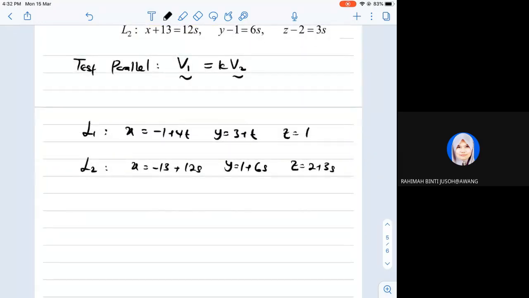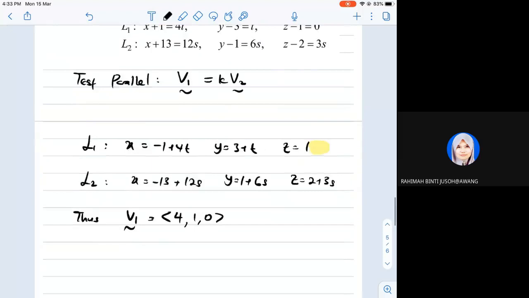Okay, so now, dah nampak dah kat mana V tu, bila buat macam ni. So, thus, V1 is, betul lah kawan kita cakap tadi, 4, apa lagi? 1, 1. Yes, 4, 1, 1 ke? 0. 0, yes, dia tak ada T kat sini kan? No T. So, 0, macam tu, 4, 1, 0, right?